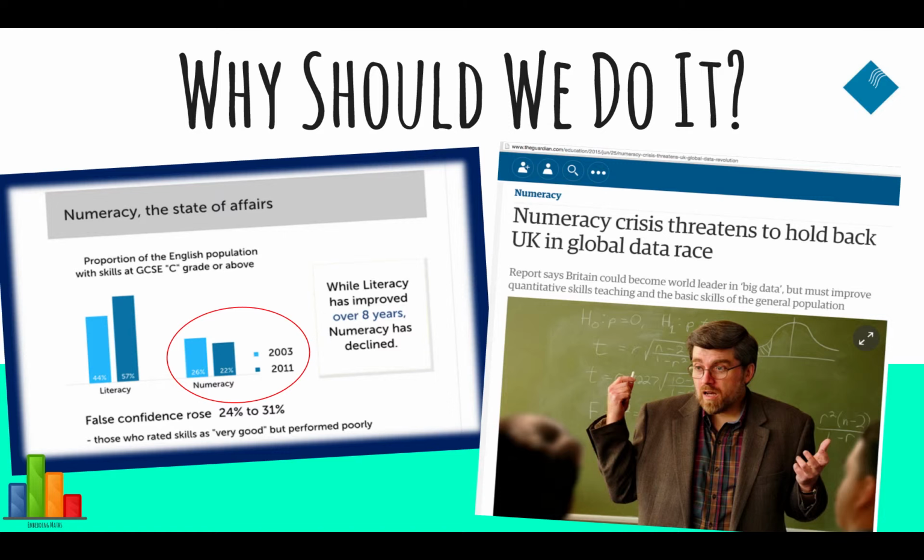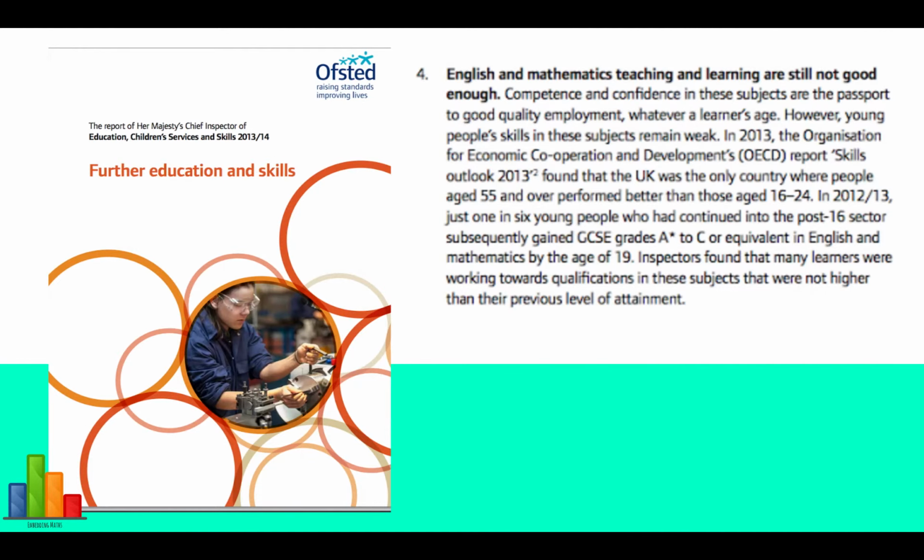And Ofsted are looking for this good practice, and certainly better practice than what they're currently seeing, as you can see here in their further education and skills report from last year.